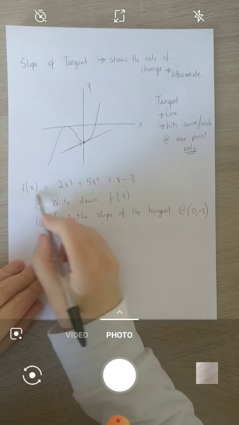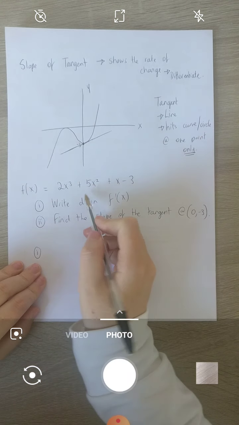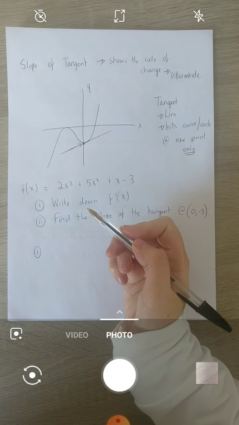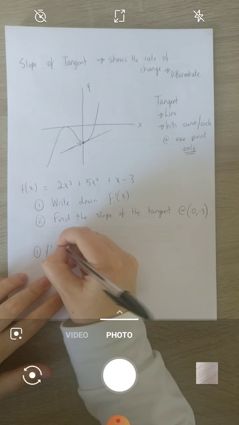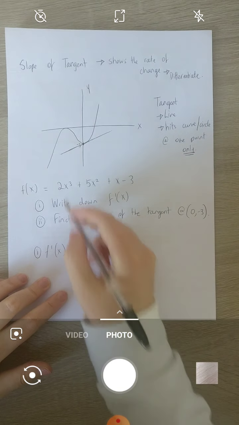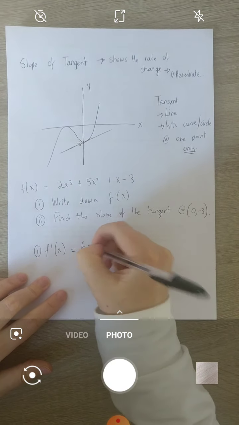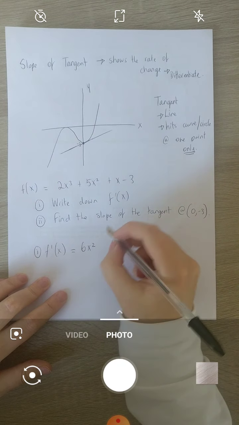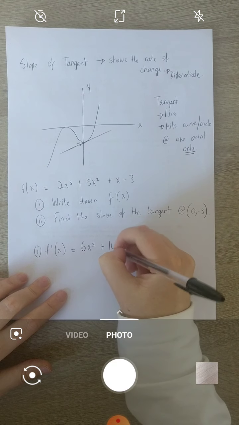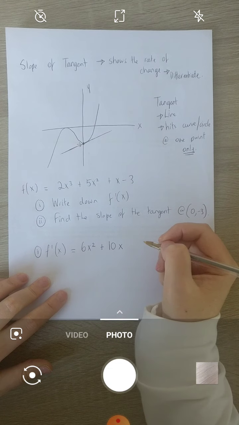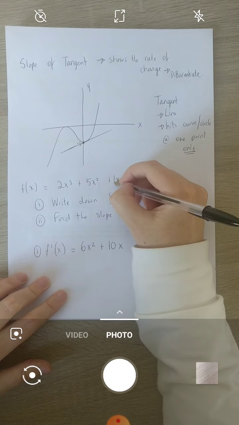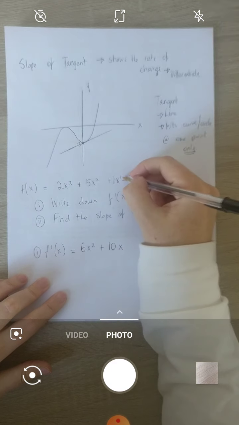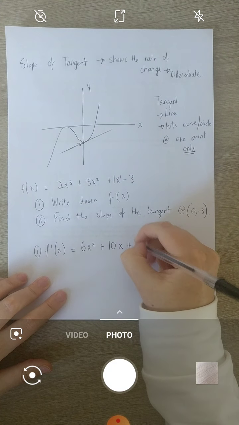So f of x is 2x cubed plus x squared plus x minus 3. So f prime of x is the first derivative. So 3 times 2 is 6x, and reducing the power, it becomes 6x squared, plus 2 times 5 is 10x to the power of 1. This is like plus 1x to the power of 1, so 1 times 1 is 1.